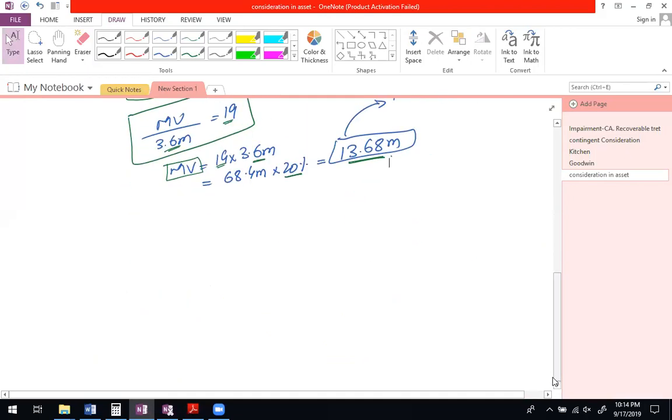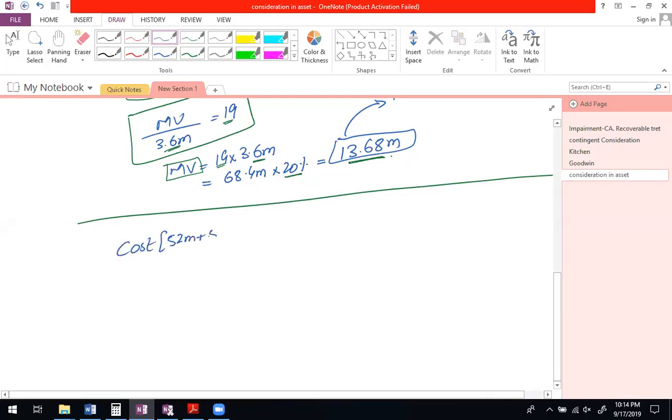So let's calculate the goodwill again. We are going to say that the cost should be the cash of 52 plus the land of 5, which will make it 57. The fair value of NCI that we have just calculated is 13.68. So the sum will become 70.68.